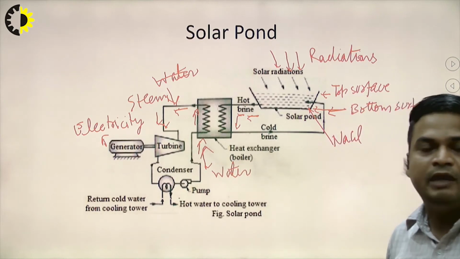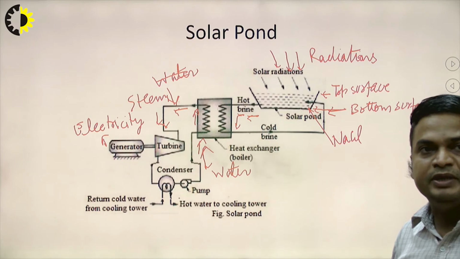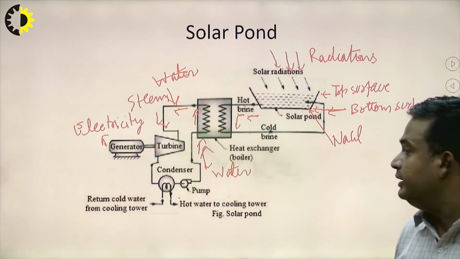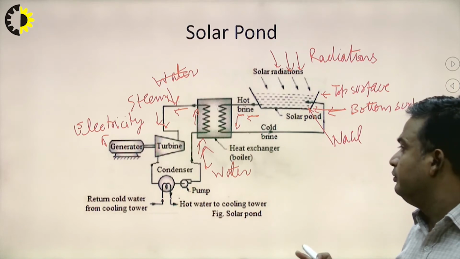Then after the turbine, the pressure of the steam is reduced, and we use the condenser to convert the steam into water again at the same temperature and pressure.